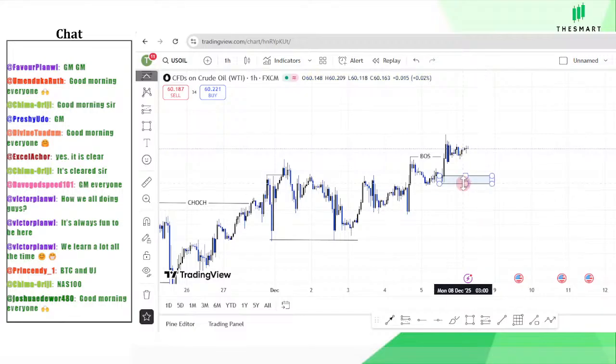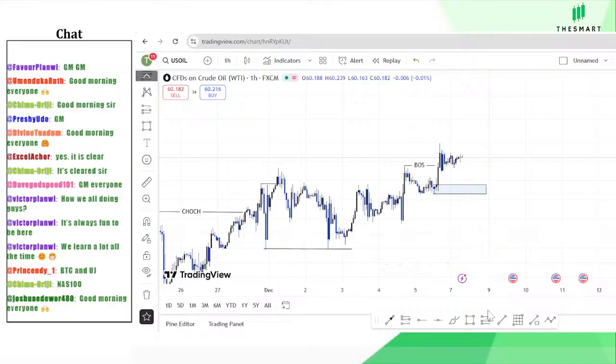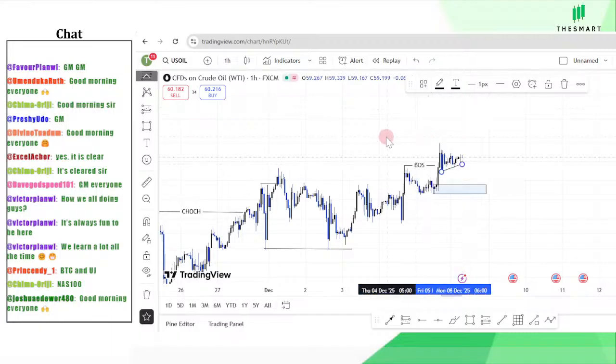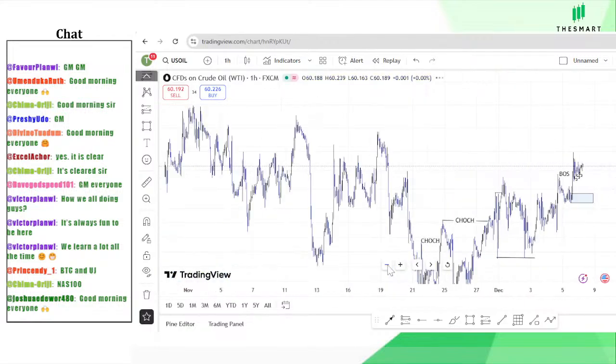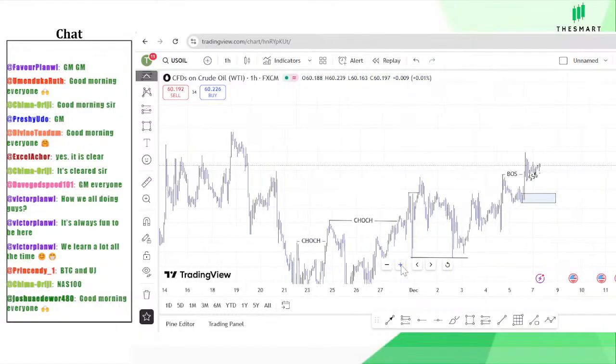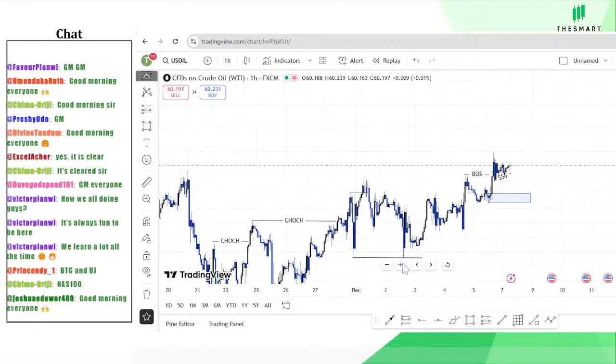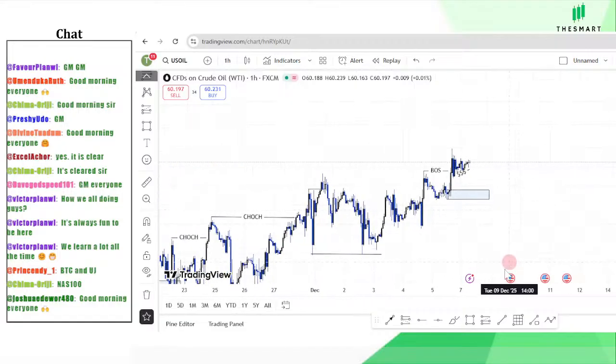So if, and we already have this liquidity created here, we'll be expecting this price to come back here and continue to the upside. So this is what we'll have.